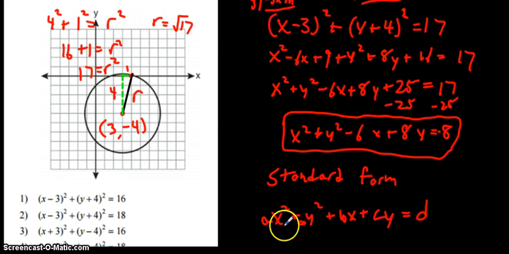So these coefficients should be the same to be a circle. If these were different, this would actually be an ellipse, or a hyperbola, depending if these signs are different.